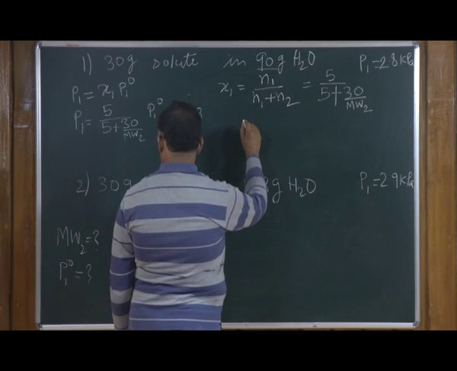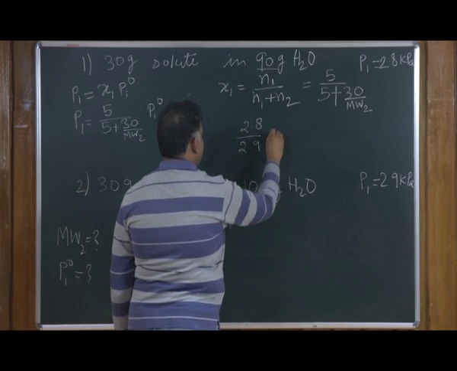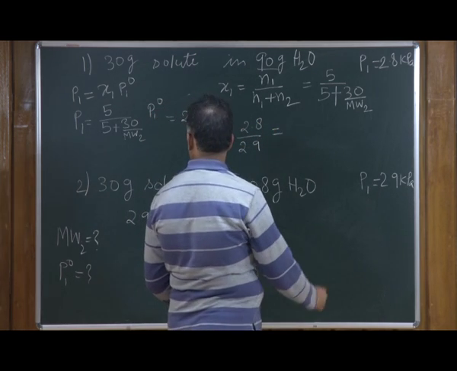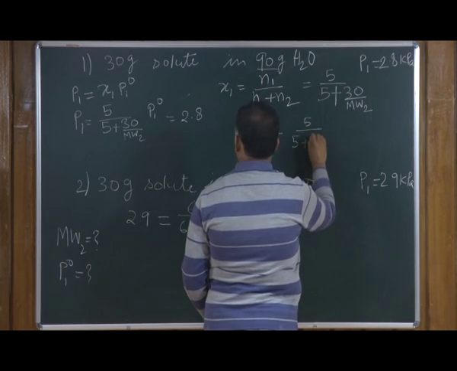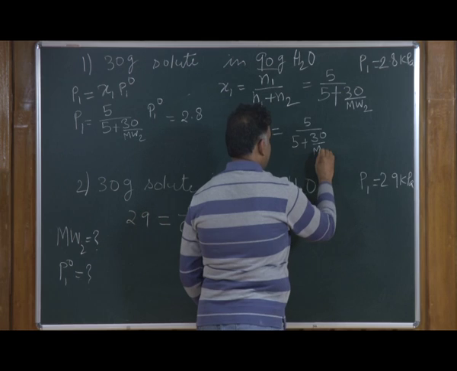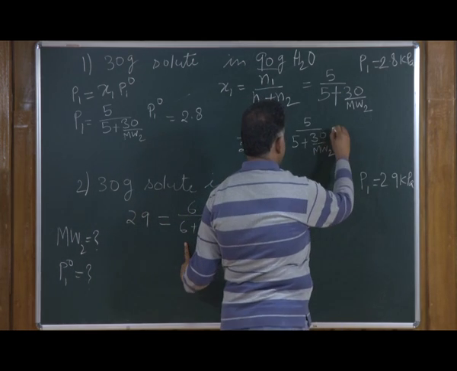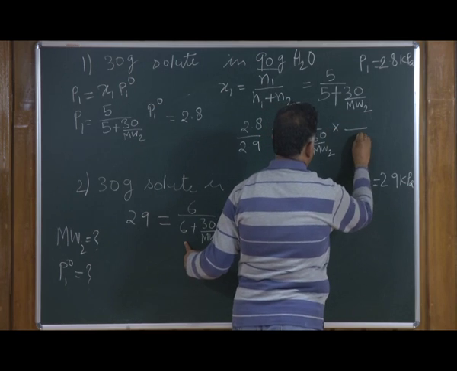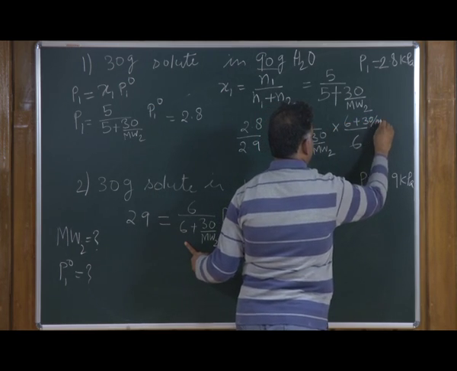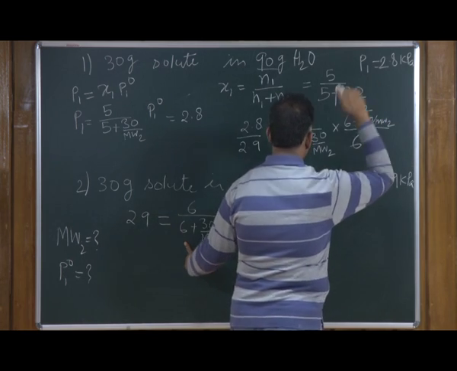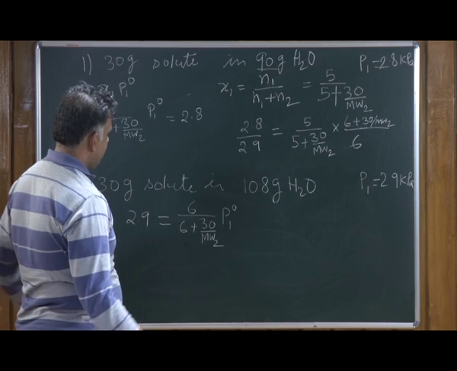So, we get 2.8 divided by 2.9 is equal to 5 divided by 5 plus 30 divided by molecular weight of solute, divided by this whole thing, that would be multiplying 6 plus 30 by molecular weight of solute. So, now this equation has one variable, one unknown.